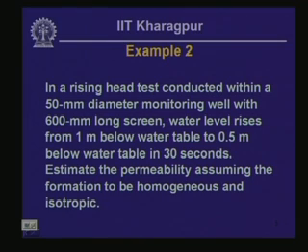The problem statement is: in a rising head test conducted within a 50 millimeter diameter monitoring well with a 600 millimeter long screen, the water level rises from 1 meter below the original water table, or the equilibrium value, to 0.5 meter below the original water table in 30 seconds. I ask for an estimation of permeability, assuming that the formation is homogeneous and isotropic.